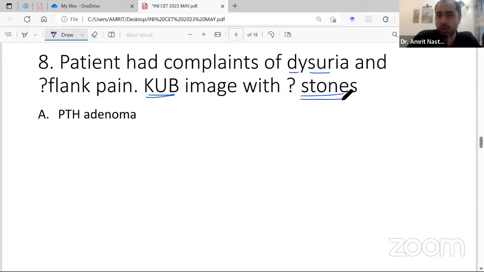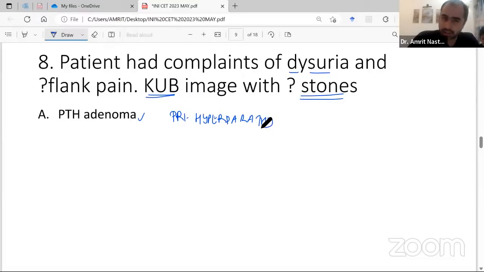Probably it had radiopacities in the area of the kidney or the ureter. And they had given you what all disorders can lead to this. And the correct answer, I think, should be PTH adenoma, because that will cause primary hyperparathyroidism. I was told the others were syndromes. That's what I was told.